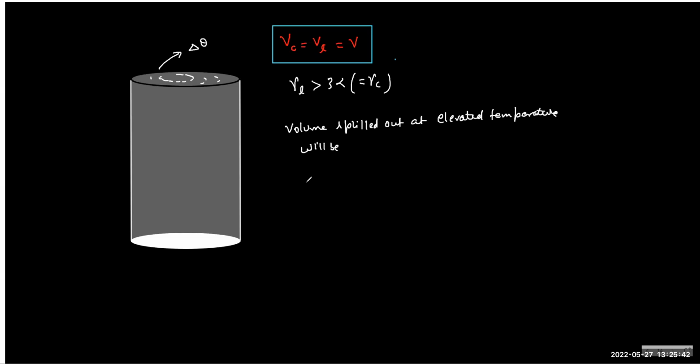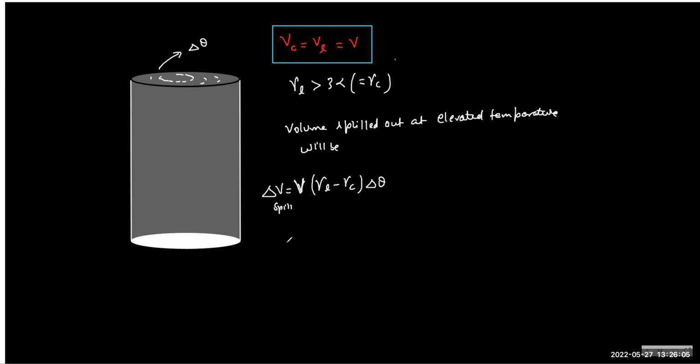It's very simple. The difference you have to take, right? So we can write as gamma liquid minus gamma container. So delta V will be how much? V into this into the difference, right? This is the extra spill, isn't it?